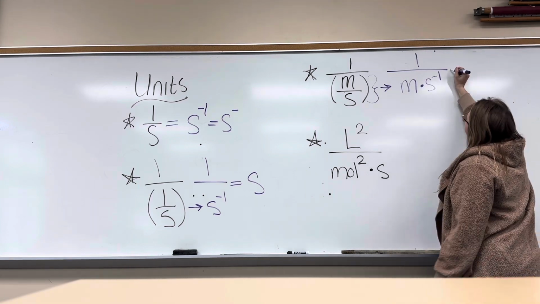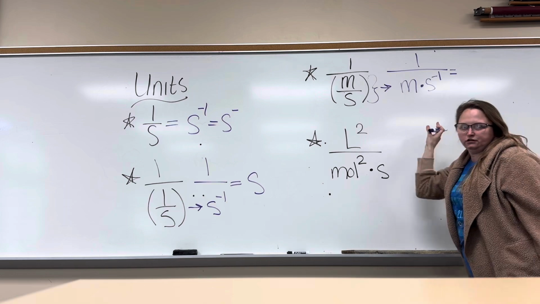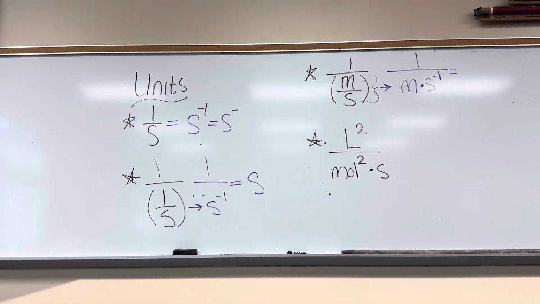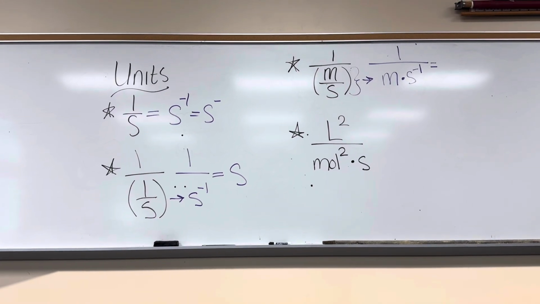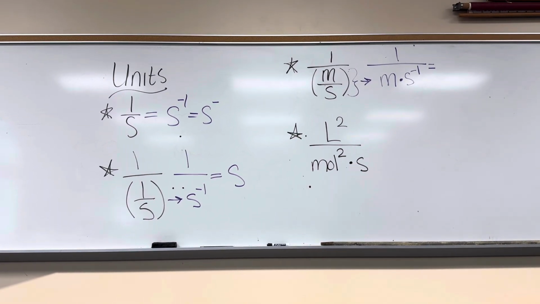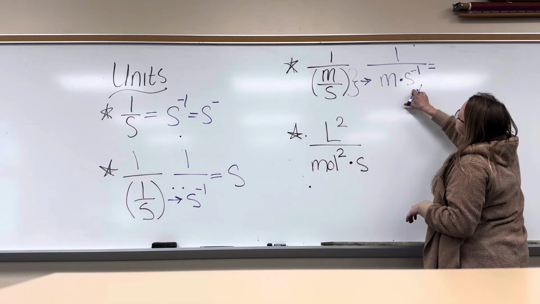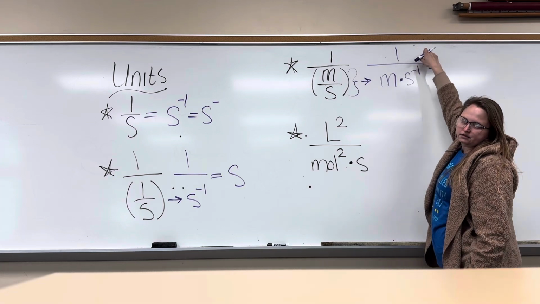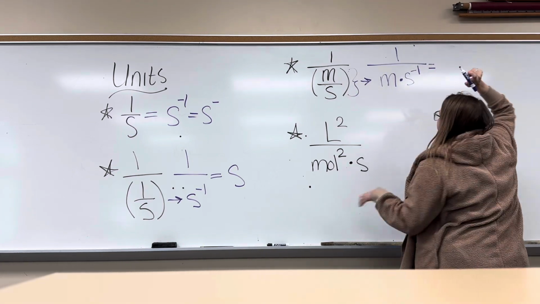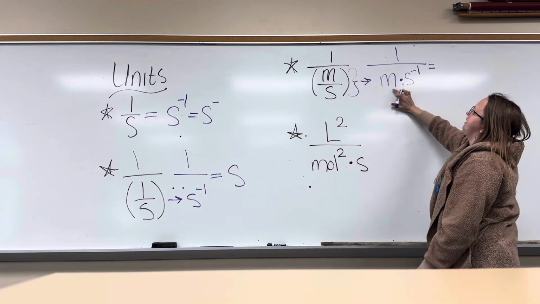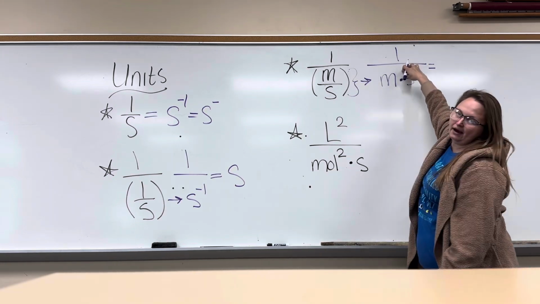And then that, let me make sure you can still see this. Yeah, you can. All right. And then we're gonna take both of these and pop them up to the top numerator, right? The real numerator. So this m has an understood positive 1 power.